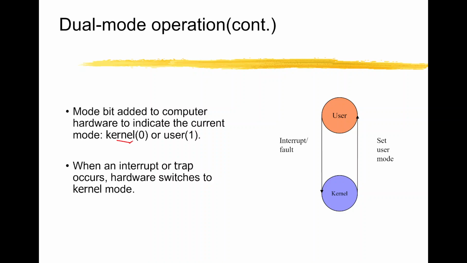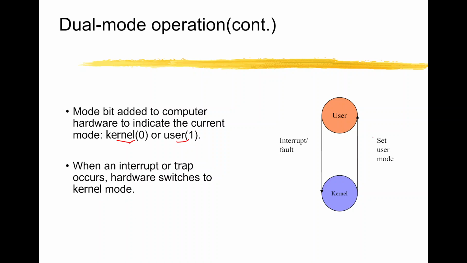The operating system is given kernel mode, which could have a mode bit of 0, and then user mode could have a mode bit of 1. When an interrupt or trap occurs, the hardware switches to kernel mode.